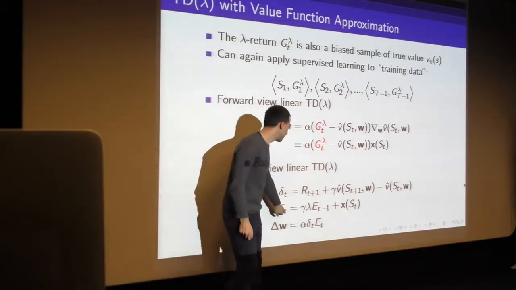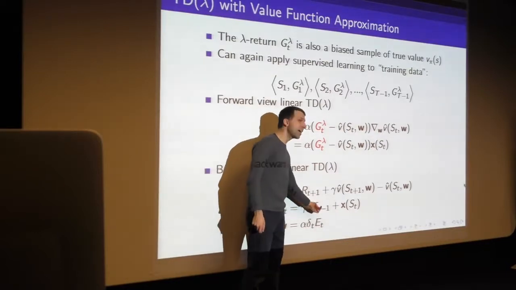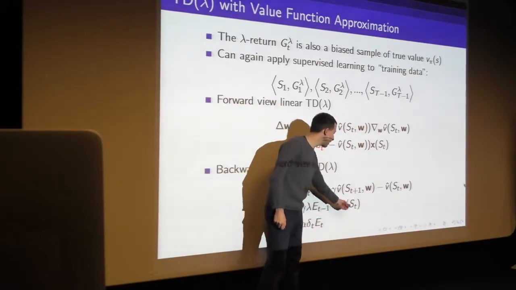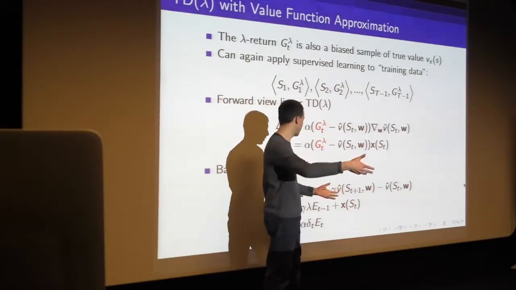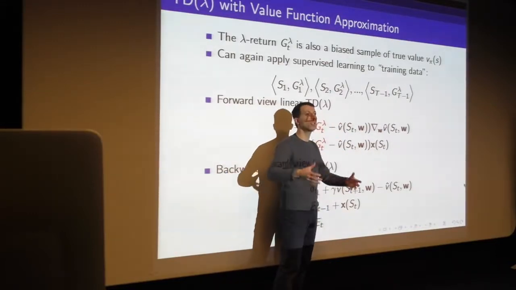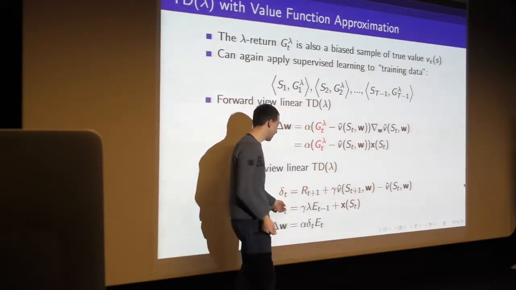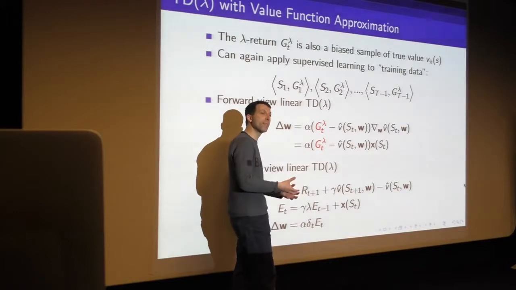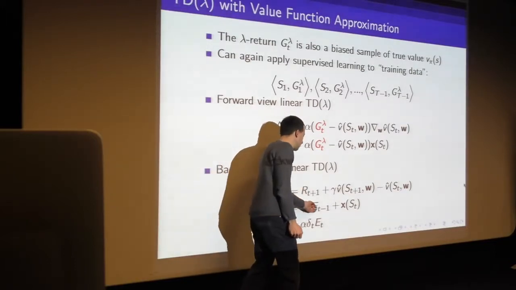So the eligibility basically says, each time you take a step, we're going to decay our eligibility a little bit, but then increase it in the direction of all the features that you've seen. So this is remembering all the features that you've seen so far according to their magnitude. The eligibility trace is accumulating credit for the things that happen most and the things that happen recently, and then it decays over time again.